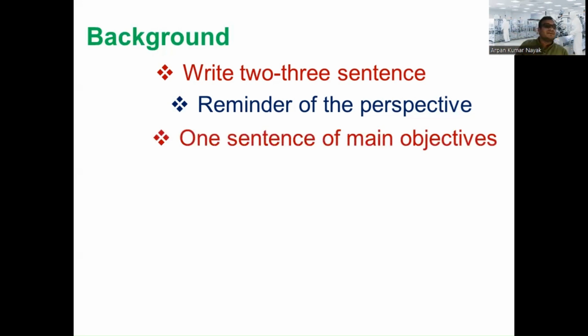The next sentence will be our main objective, since it was needed, so here we want to do this. The second sentence is our main objective, what we did.